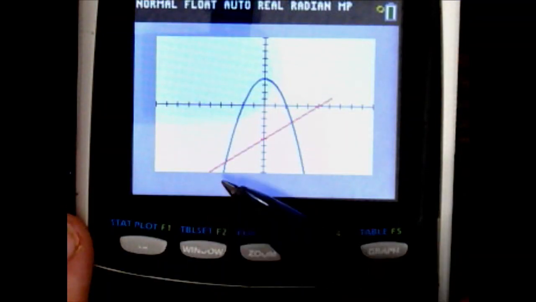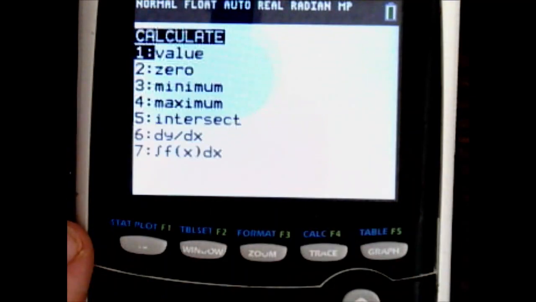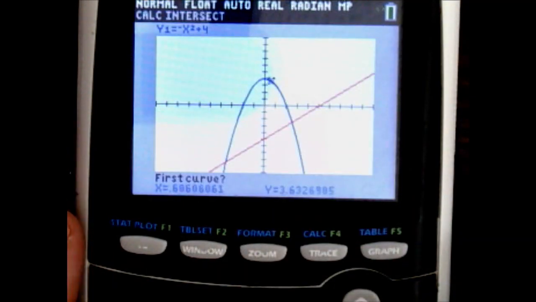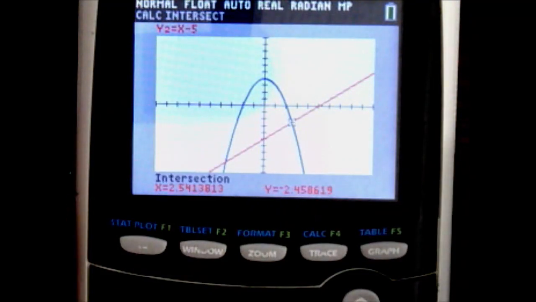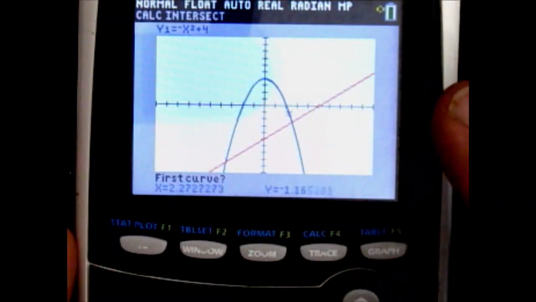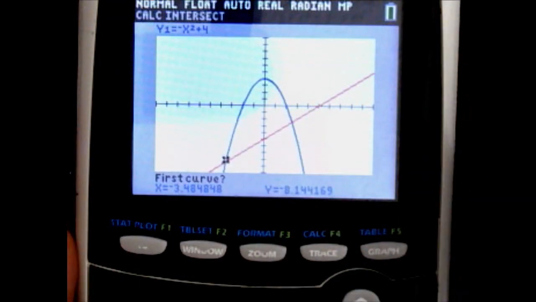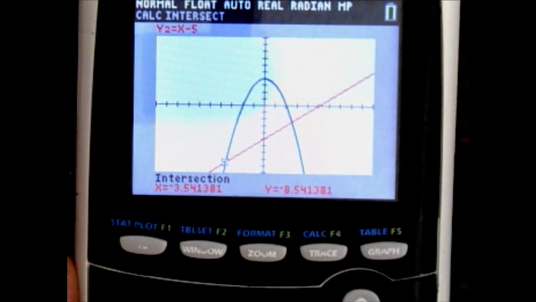So we got two different places we can find intersections. Second trace 5 will do it for you. You just move towards one intersection point and hit enter 3 times. There's one of them. Second trace 5, move to the other one and hit enter 3 times, and you find your intersection.